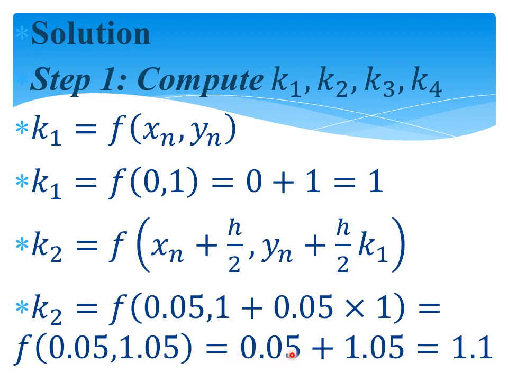The function given is x plus y. It means the value of x is 0.05. We put these values according to the question, add both values, and we get 1.1.